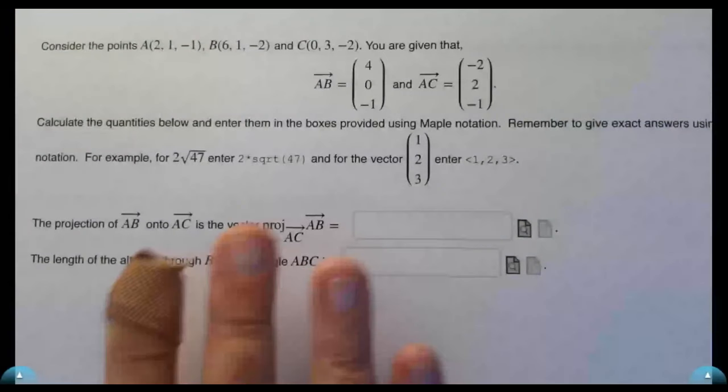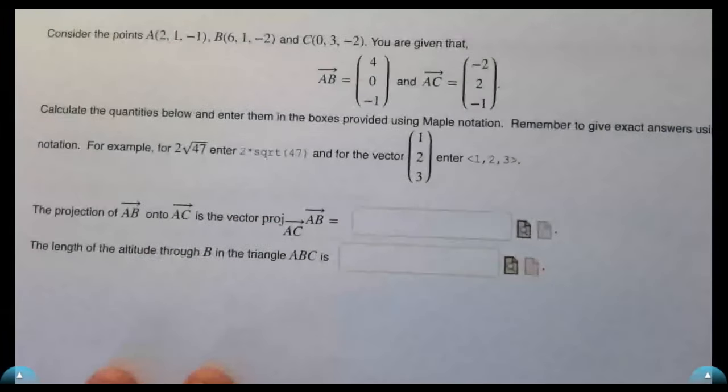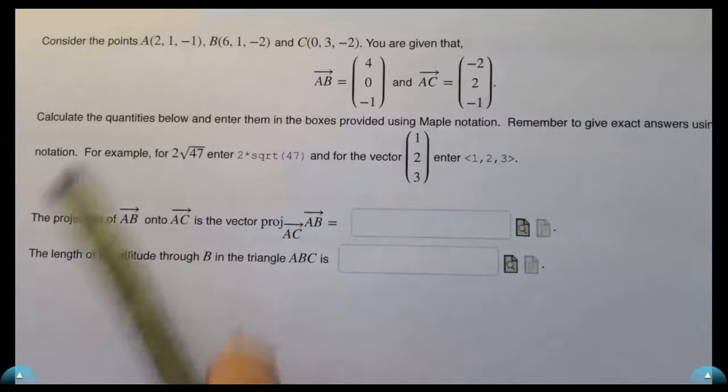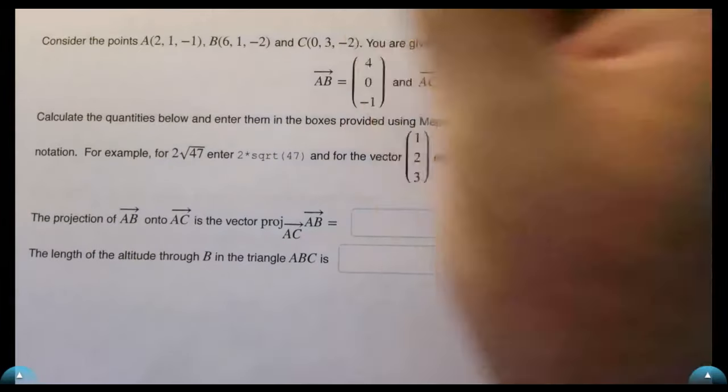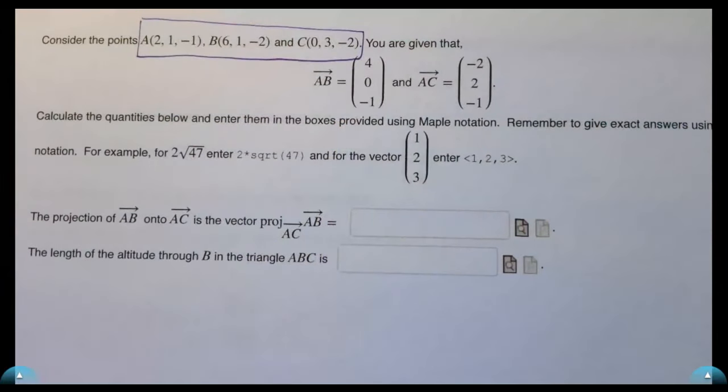All right, here is a question about projections. We've got 3 points and 2 vectors.